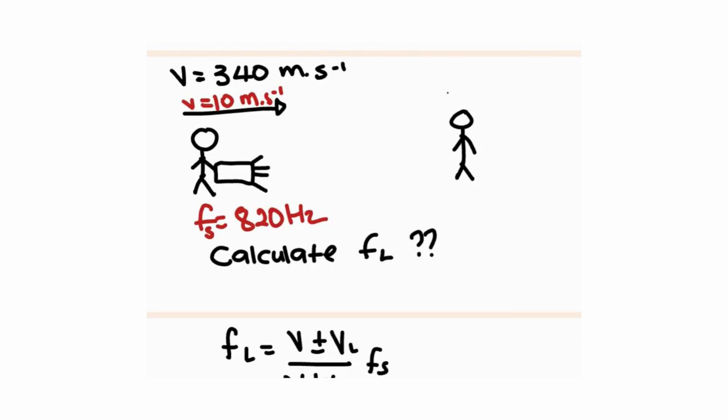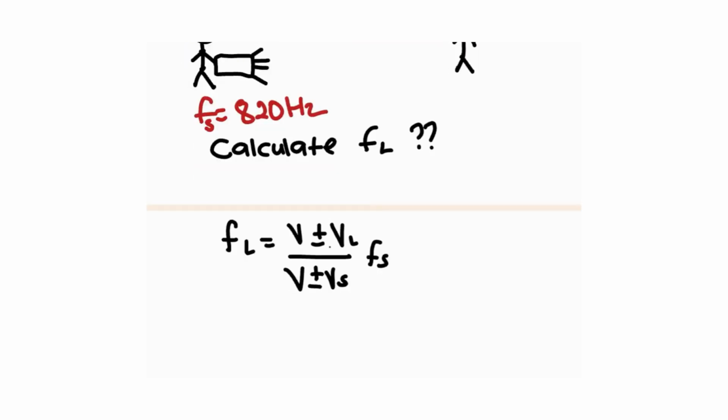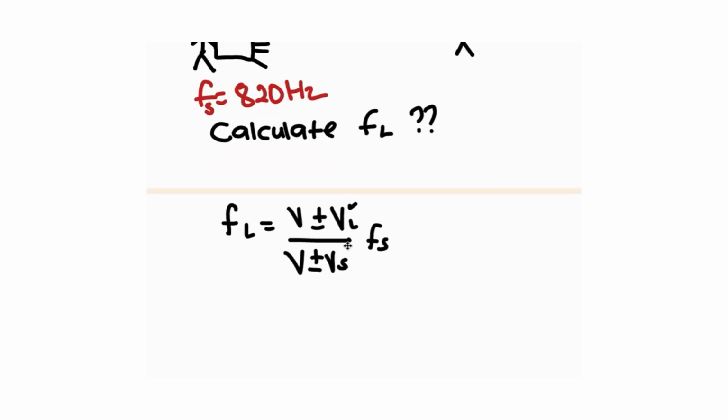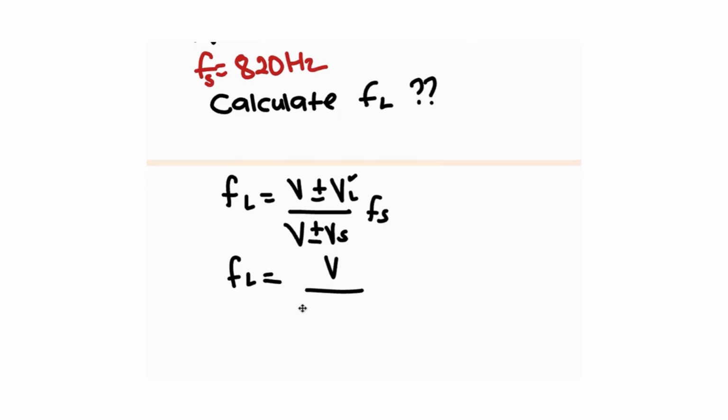You as the listener are just standing at your gate, waiting for your friend to get to you with the beat. So you have a velocity of 0, meaning your velocity VL is going to be 0. Rewriting the formula, we have FL is equal to V over V plus or minus Vs times Fs.